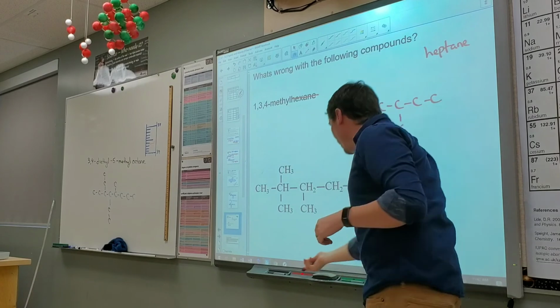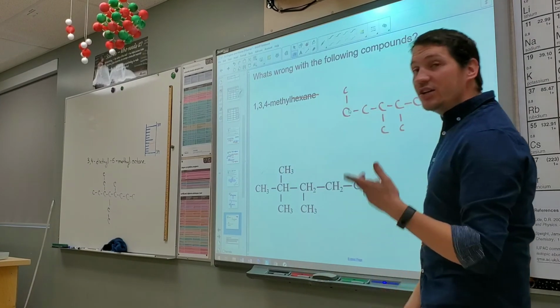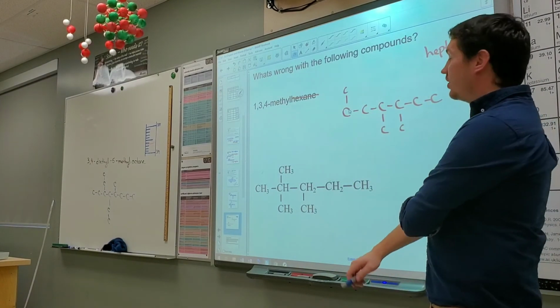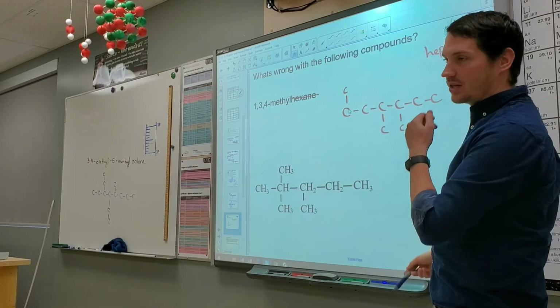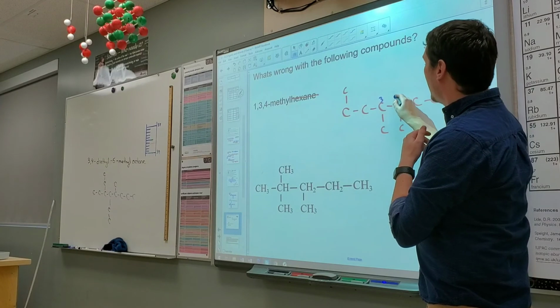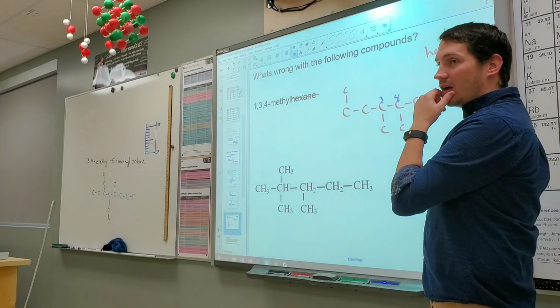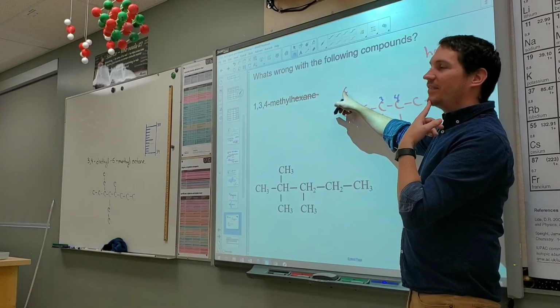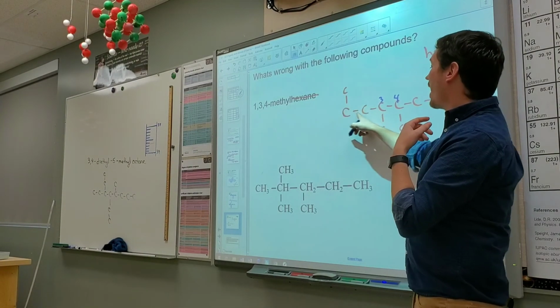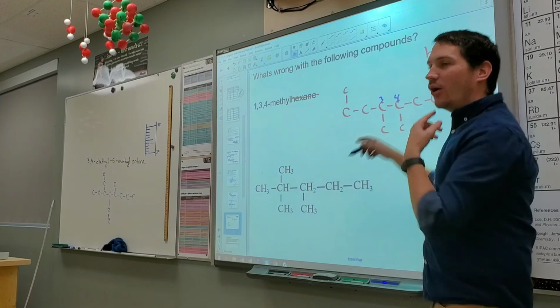And also, on what carbons did you put these two methyl groups originally? This was 3 and 4, right? But by adding the carbon at the end, it's now at 4 and 5. Or is it?